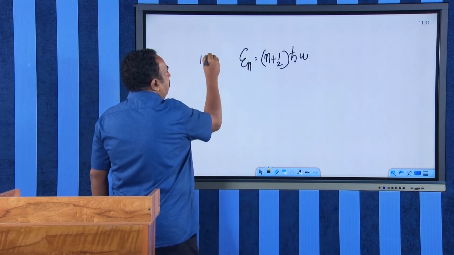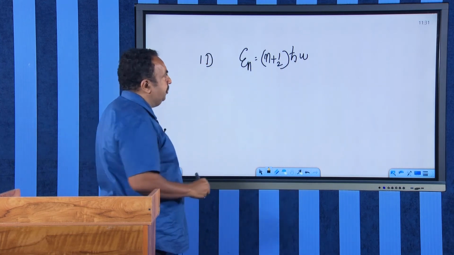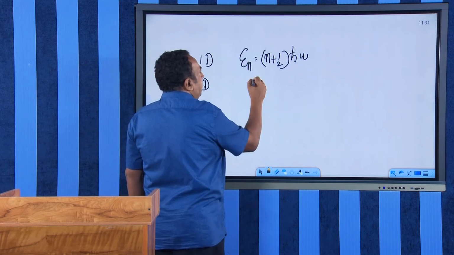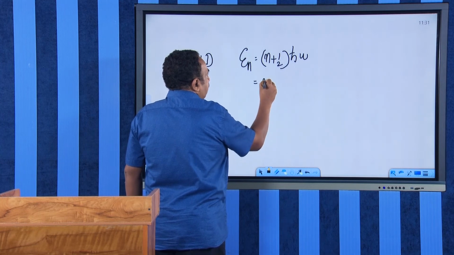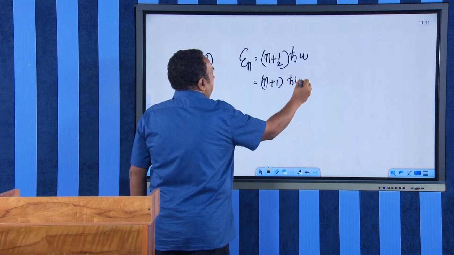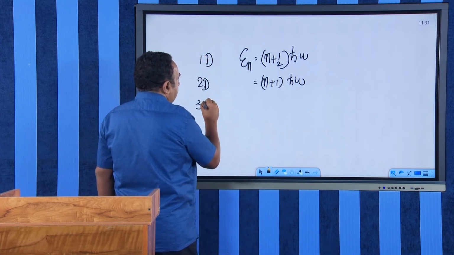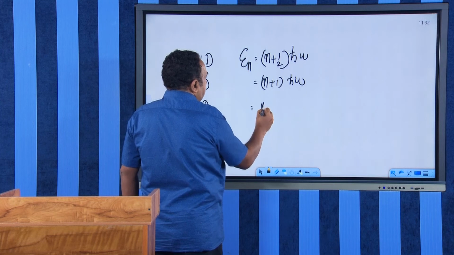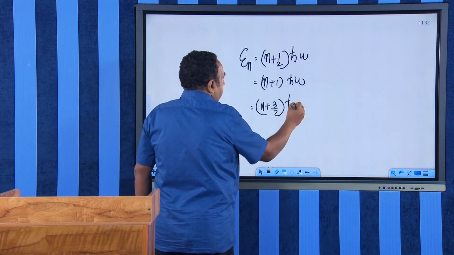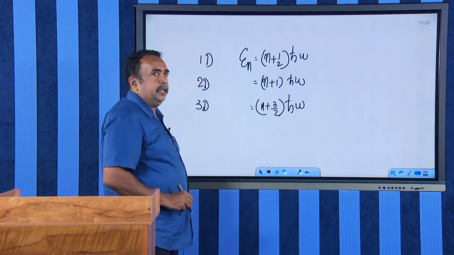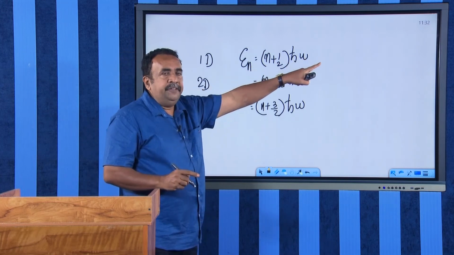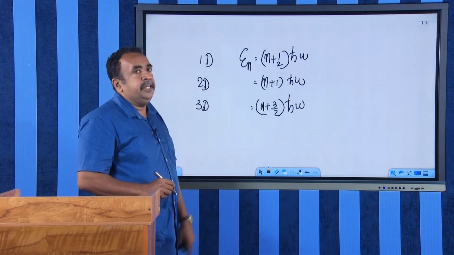In two dimensions the zero point energy comes twice, so it is n plus 1 h cut omega, and in three dimensions it is n plus 3 by 2 h cut omega, where n is from 0 to infinity. Each level will be degenerate.